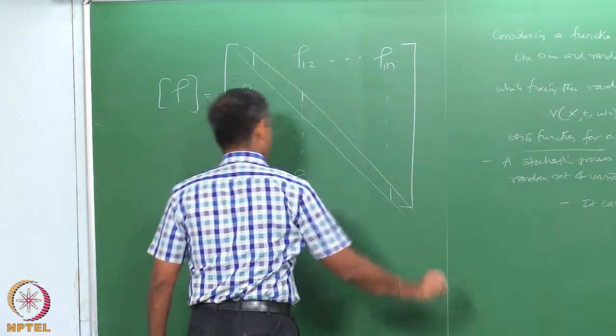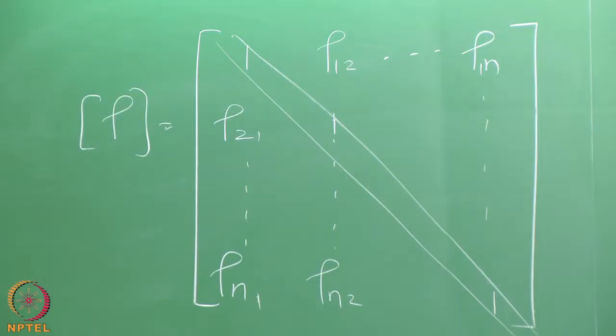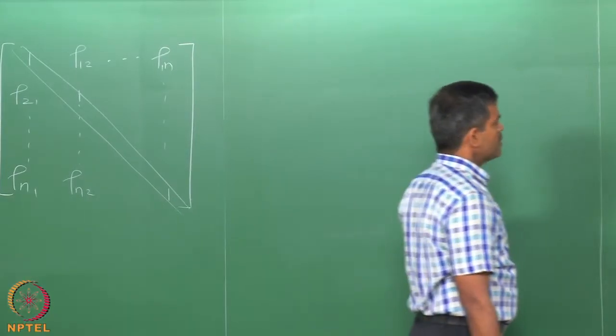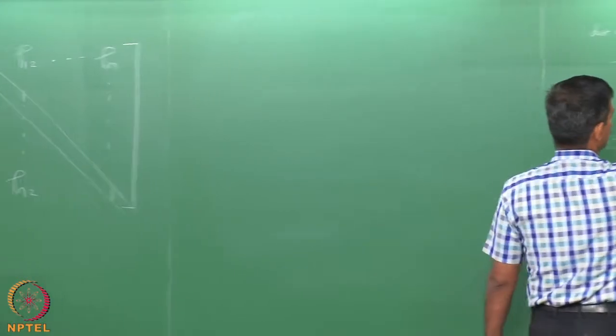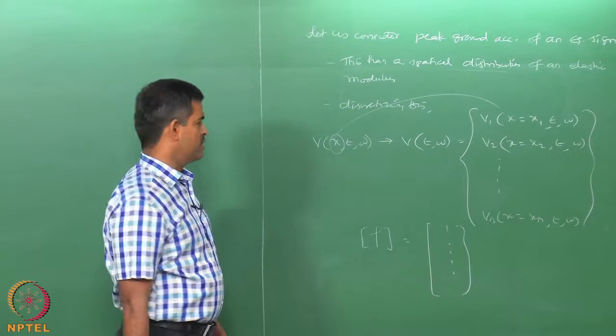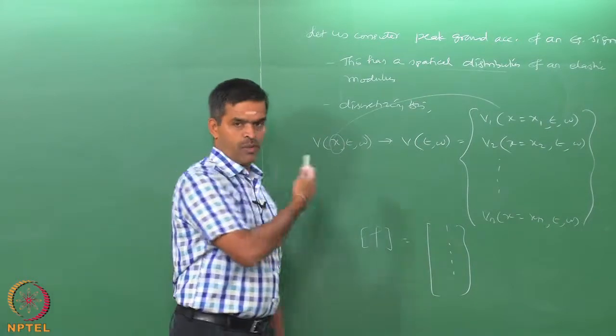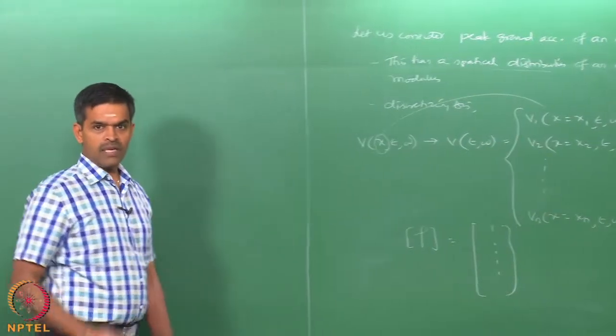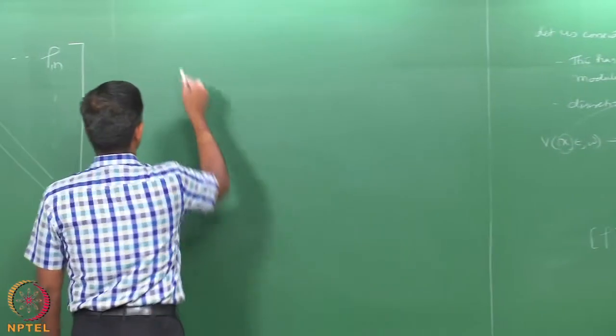This band will be unity. Therefore, when a spatial distribution function or a variable is discretized in the form as just now we discussed, this will quickly result in large vectors. Okay.